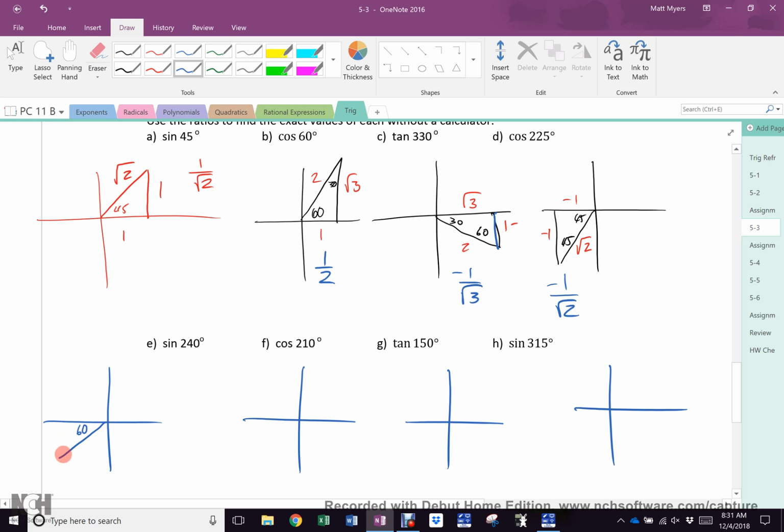So that means no matter how I draw it, even if I didn't draw it correctly, what does that automatically make this? 30. What does that automatically make this side? Minus 1, because it's across from 30. What does that automatically make 60? Minus root 3. What does that automatically make the hypotenuse? 2. What is the sine of 240?